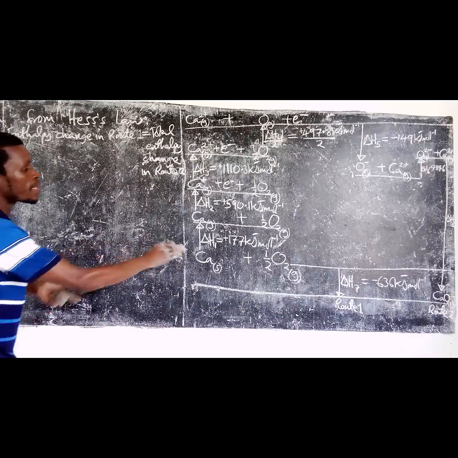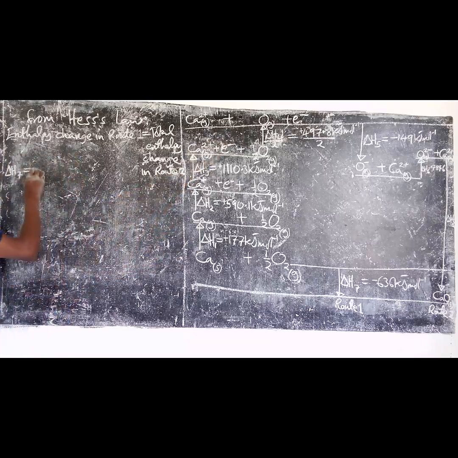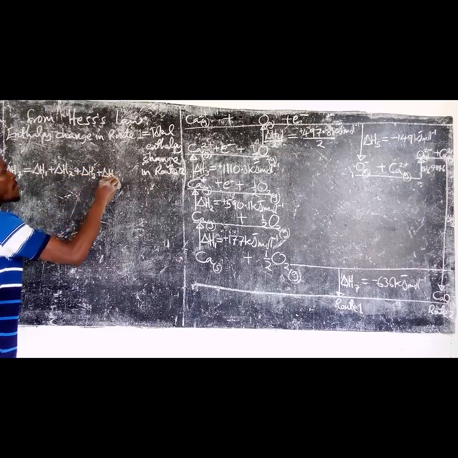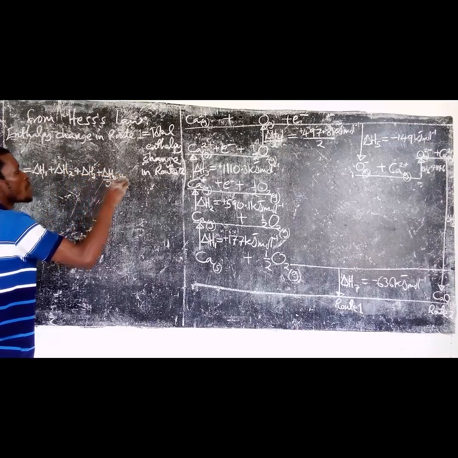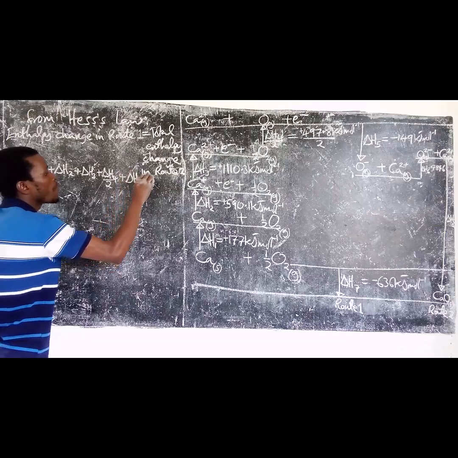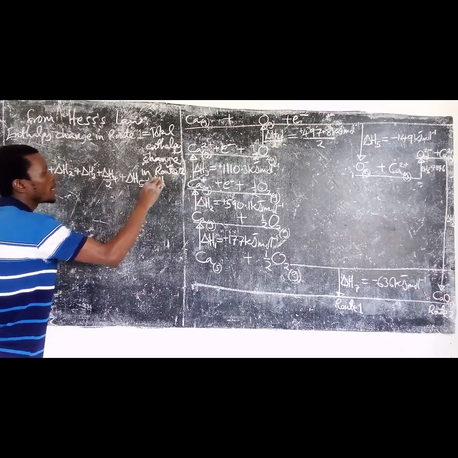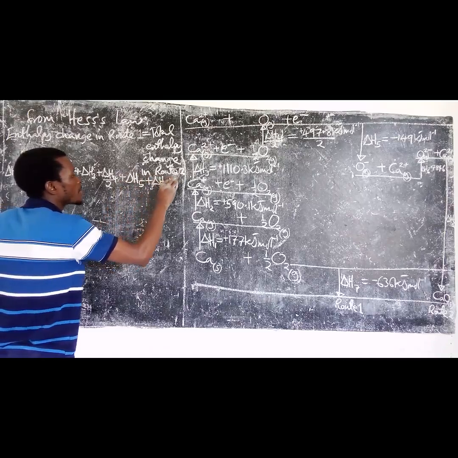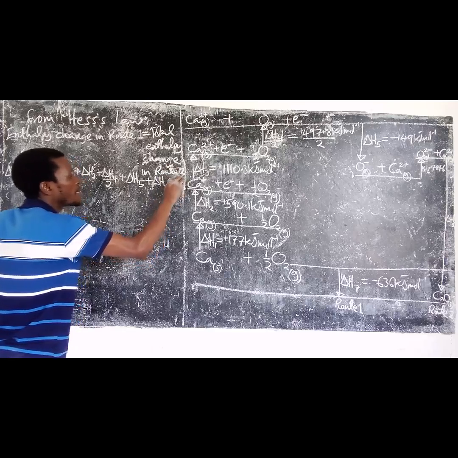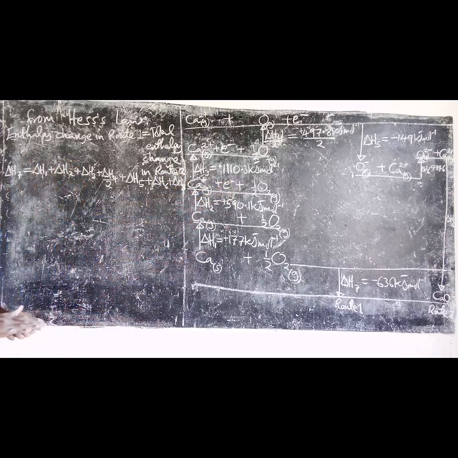This is equal to the sum of the series of heat changes: heat change 1 plus heat change 2 plus heat change 3 plus heat change 4 over 2 plus heat change 5 plus heat change 6 plus heat change 8. That is the end.